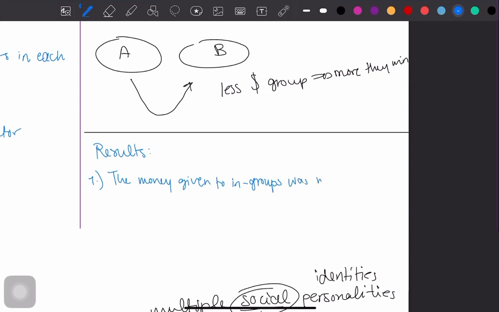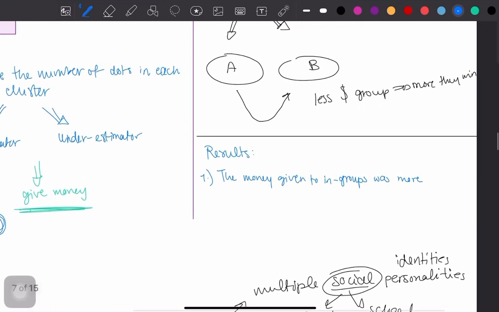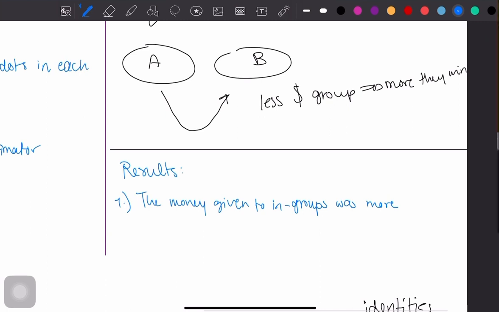So basically, if we go back to here, they gave more money to their in-groups than the other group because, well, in-group favoritism.